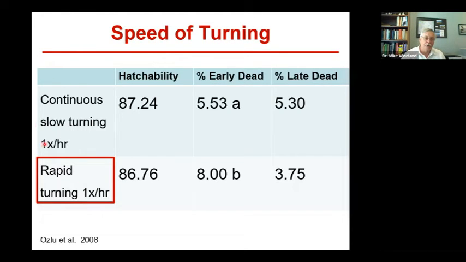This continuous slow turning meant that it took the entire hour to complete the turn of 90 degrees from one side to the other. You can notice there was a numerical difference with continuous, but it wasn't significantly different. The only thing he did note was a reduction in percent early deads, but then an increase in late deads. So you can take it for what you want.